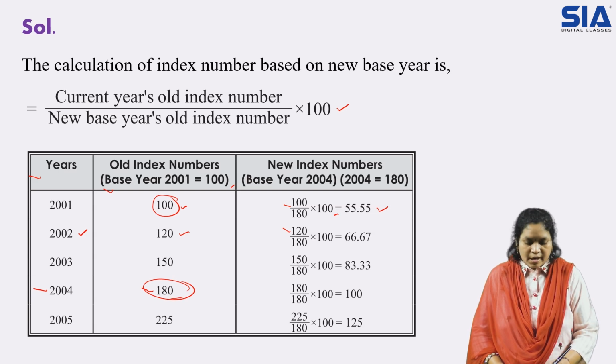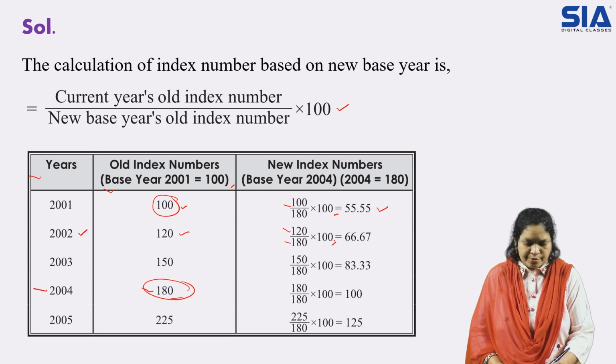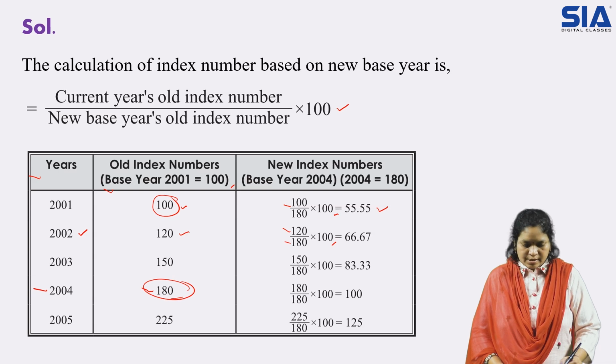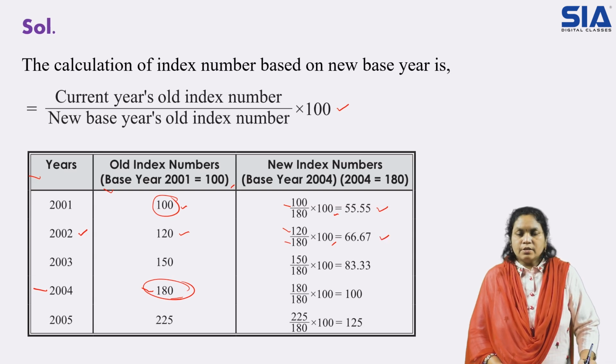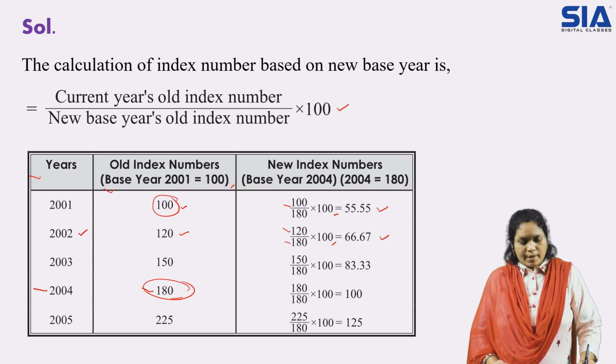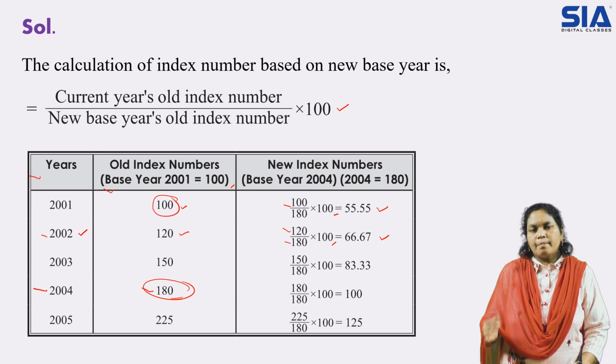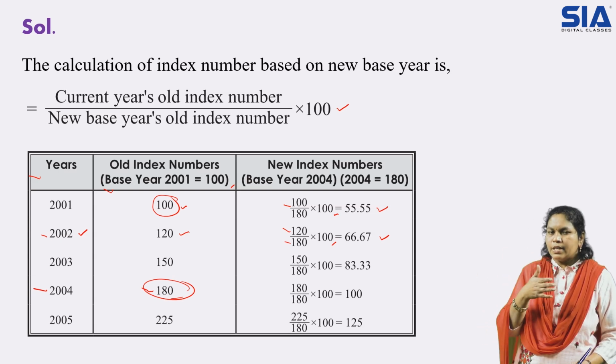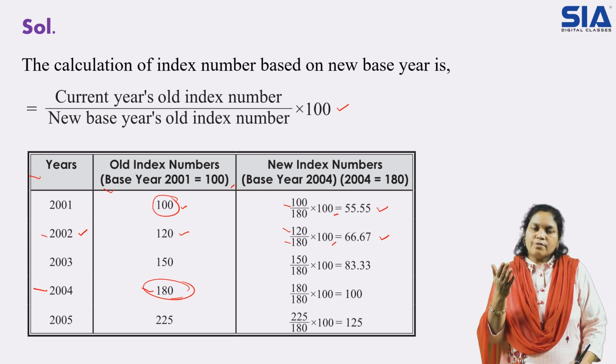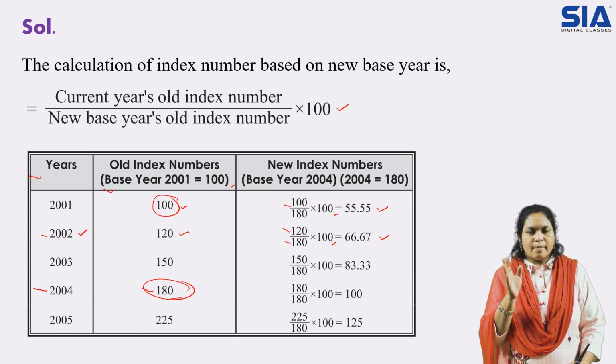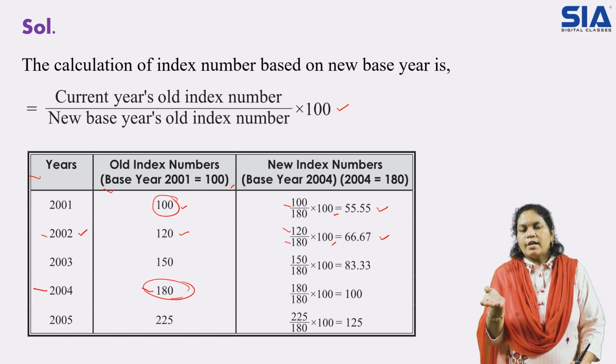So divided by 180 times 100, you get the answer as 66.67. In this way I have obtained the new index number for 2002. Like that we have to go on doing it for as many years as we have. Everywhere you take the current value divided by the new base period value, times 100.